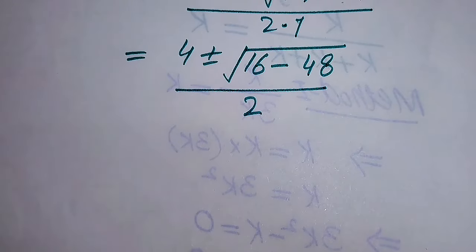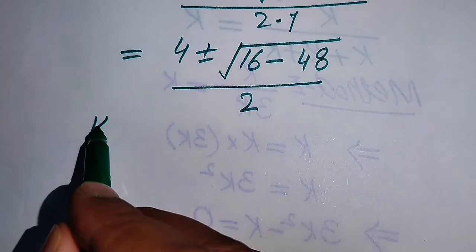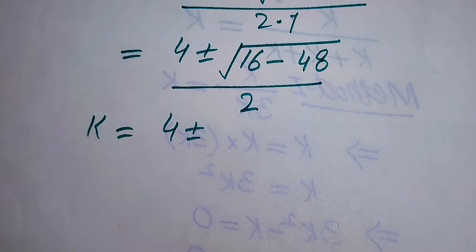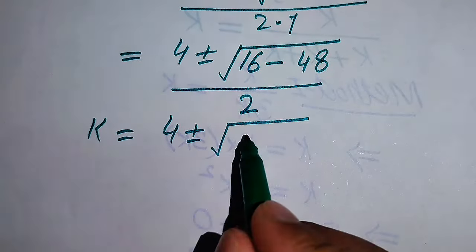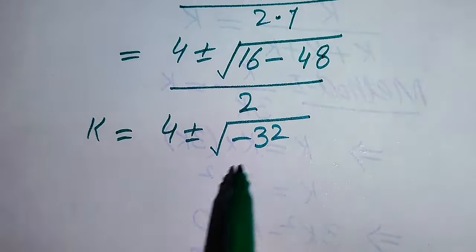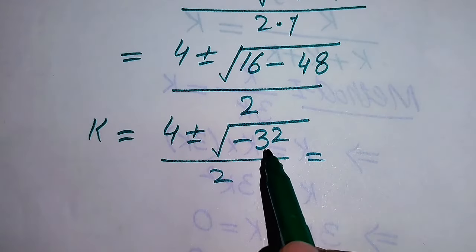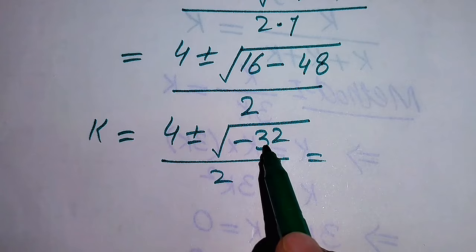Further, in the next step we need a little more simplification, and it will be written as k equals 4 plus minus, so 16 minus 48 becomes minus 32, and it is divided by 2. Here we need to break this square root, and we apply the square root on minus 1 and 32 separately.